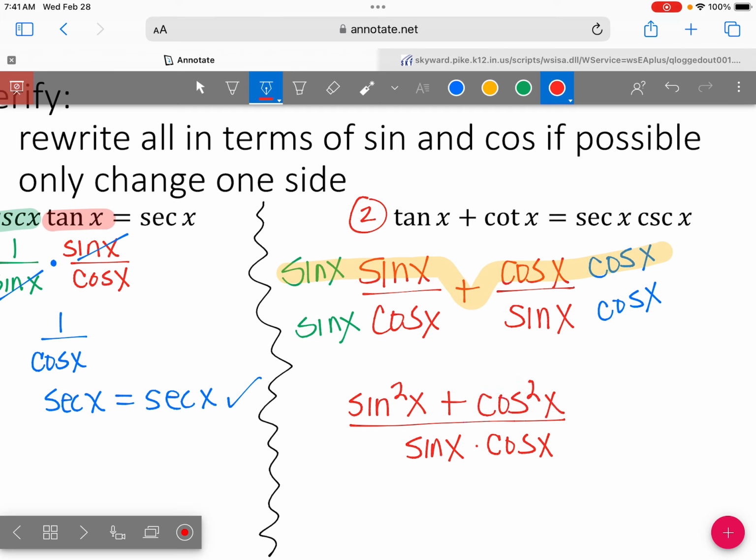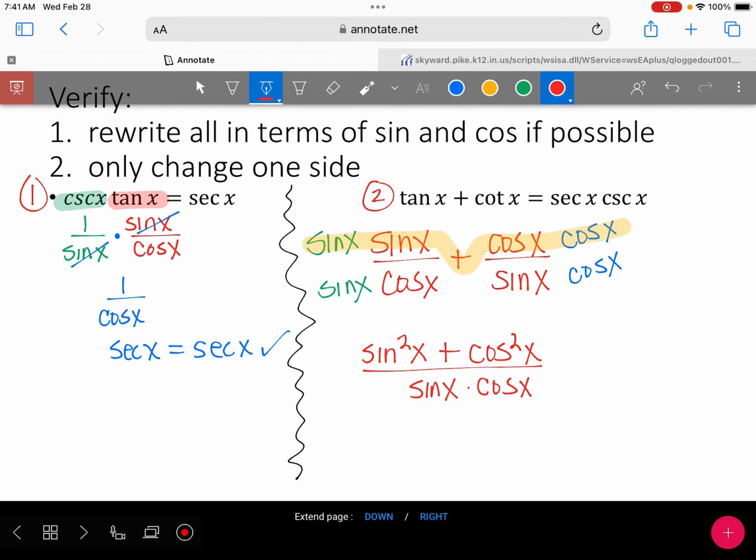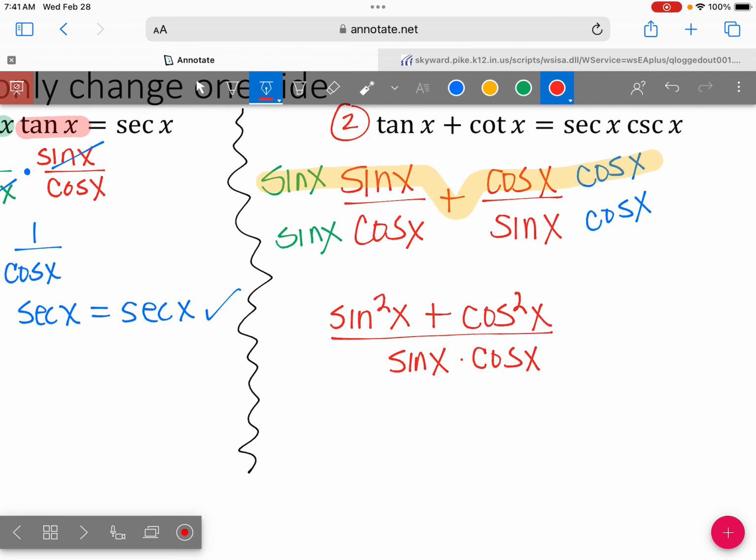So we have reached a point where we actually have an identity. And what does sine squared plus cosine squared equal? 1. So that means I have 1 over sine times cosine. And when you have a fraction like this, I always try to relate it to numbers.